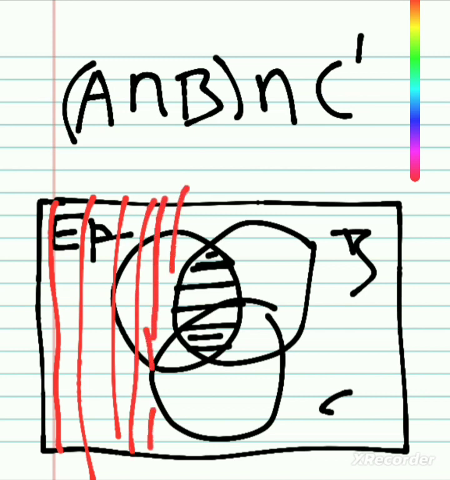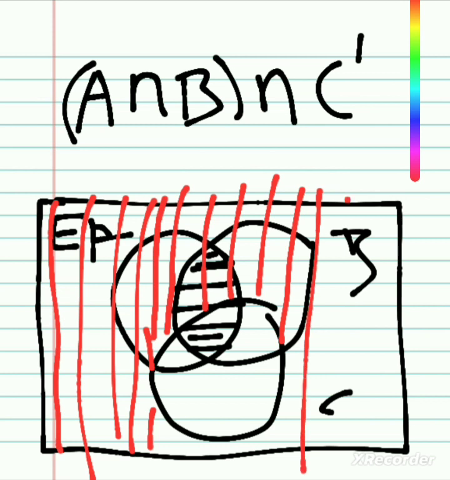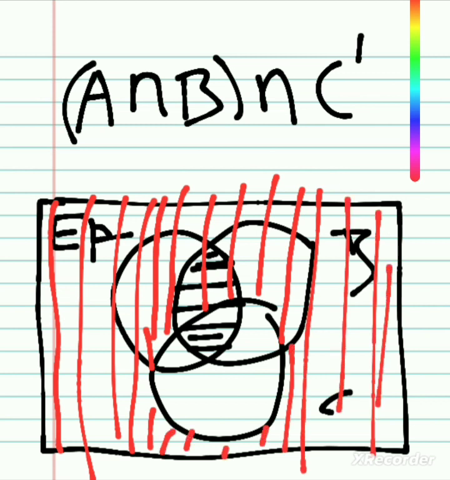This is everything outside C. So where we've done the shading twice, that's where there are two types of lines, that's where our answer is, so long as it's intersect. So we're talking about this part here. So that's our A intersect B intersect C complement.